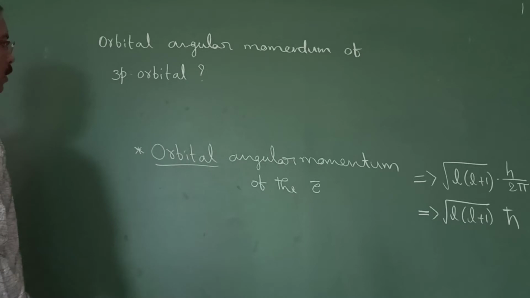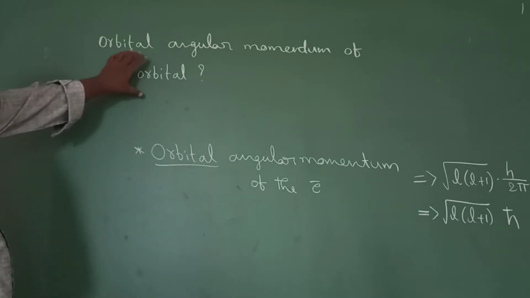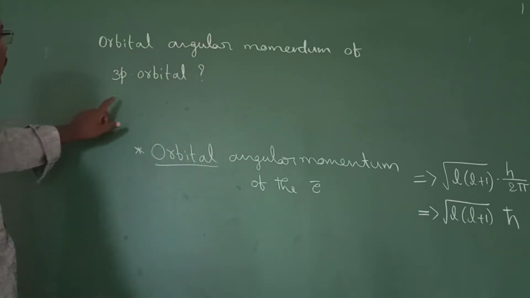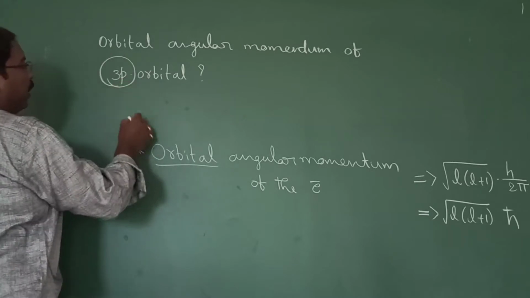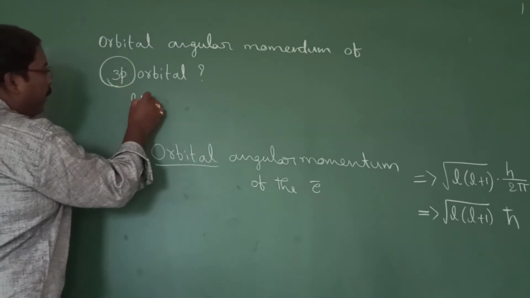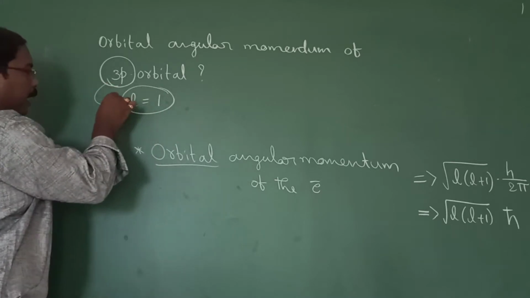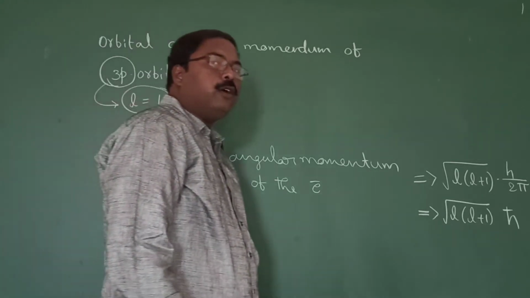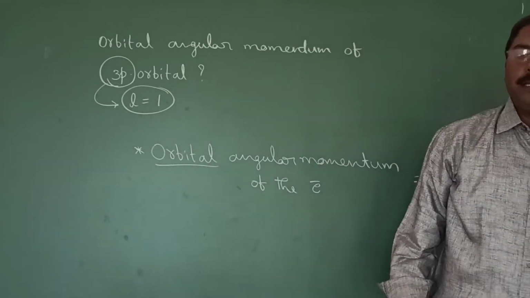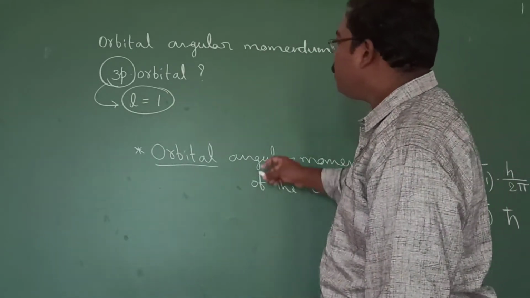Okay. Let us calculate the orbital angular momentum of the 3p orbital. Here, what is the L value for the p orbital? For the s orbital it is 0, and for the p orbital the L value is 1, right? Now let us substitute in the formula.